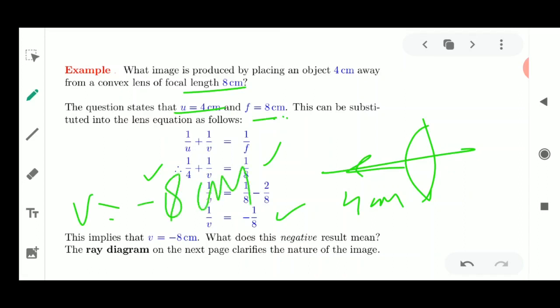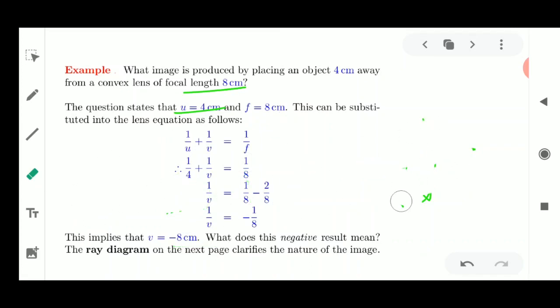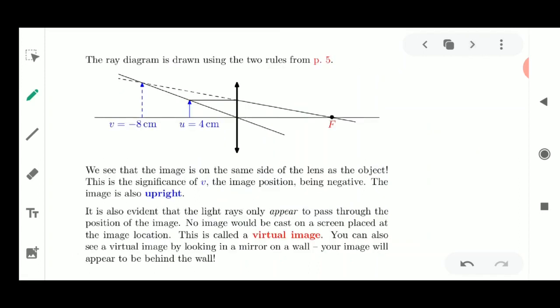This minus 8 tells you that it is a negative result. What does a negative result mean? Whenever a negative value is obtained, such as v equal to minus 8 centimeters, it means that the image will be upright and virtual.